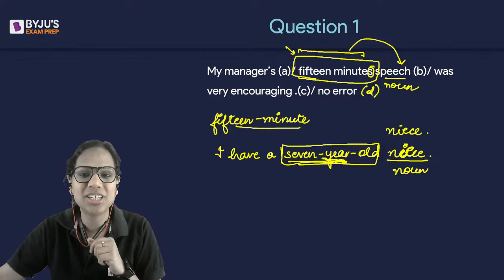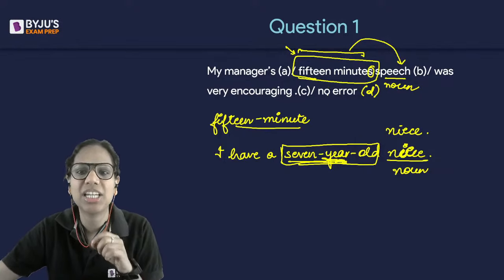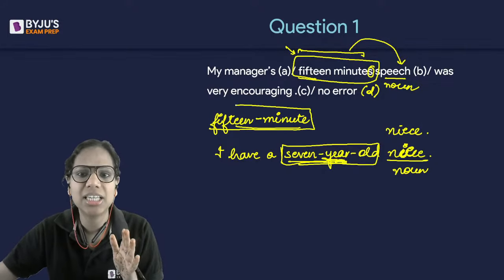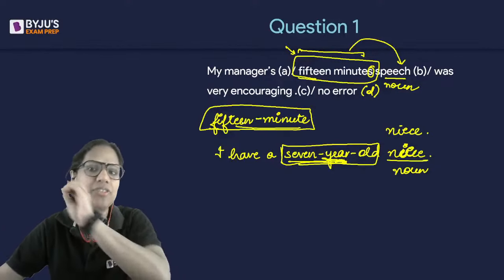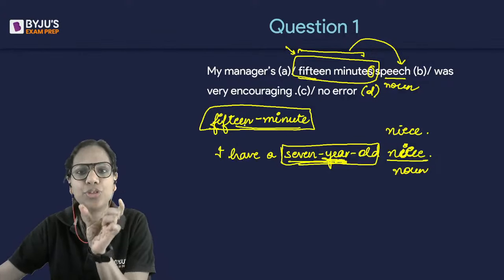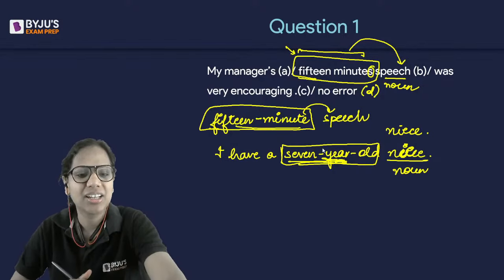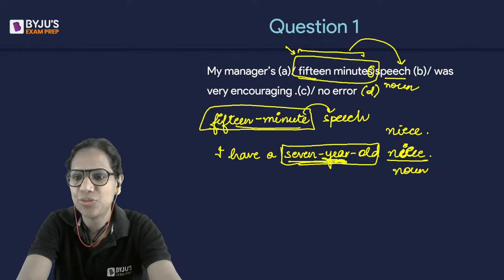Also, one more thing you must have noticed, I'm putting hyphens. So we need a hyphen also between 15 and minute. This is also essential. This tells me that this entire thing is one adjective. So 15 is not a separate adjective, minute is not a separate adjective. 15-minute is one single adjective describing the noun speech. I hope this makes sense to all of you. Perfect.